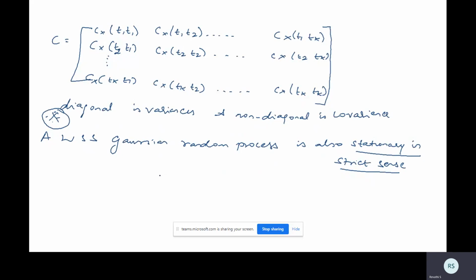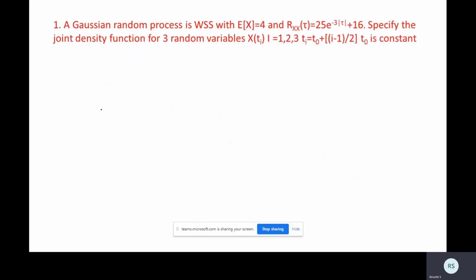So please understand, if you know only the mean and the variances, you can just write the probability density function of the Gaussian random process. Now let us do some problems so that you can easily understand. Say for example, a Gaussian random process. This is the first problem. They have mentioned it is wide sense stationary. Therefore, obviously we know the mean is a constant, so E of X is 4, and you can see the correlation varies only with respect to the time difference tau, not on the absolute time.